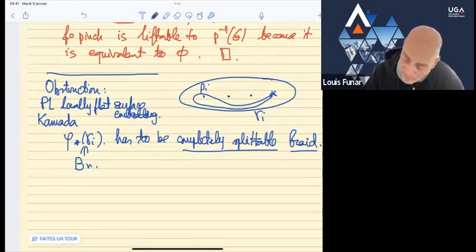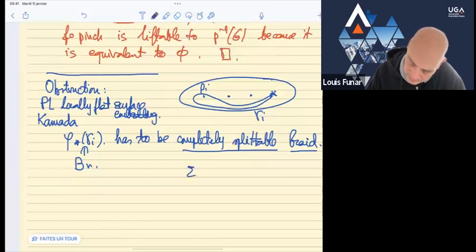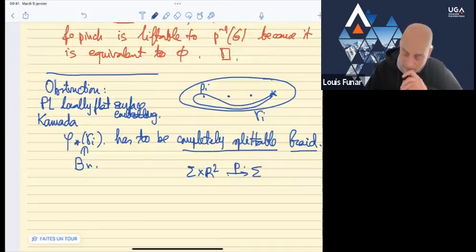So if we have a fibration, we lift F. So I recall you have the map phi, and I'm taking just the preimage into sigma cross R2 by P. I'm taking the preimage of gamma I, and I am looking at what are the points.